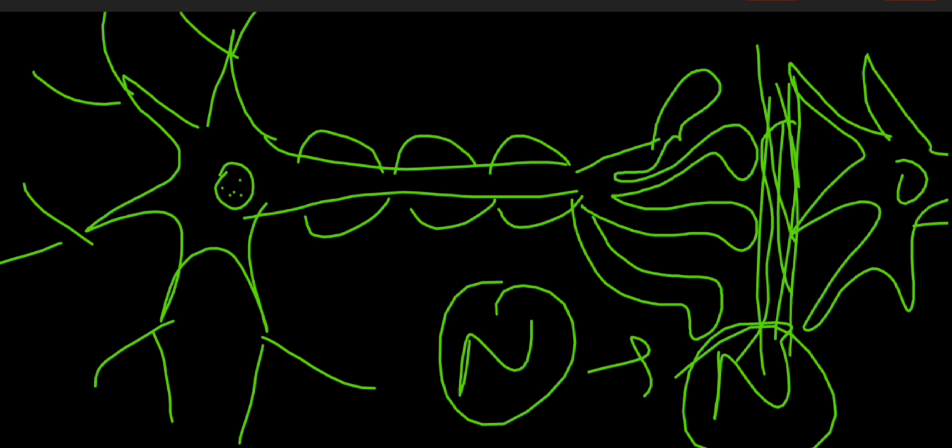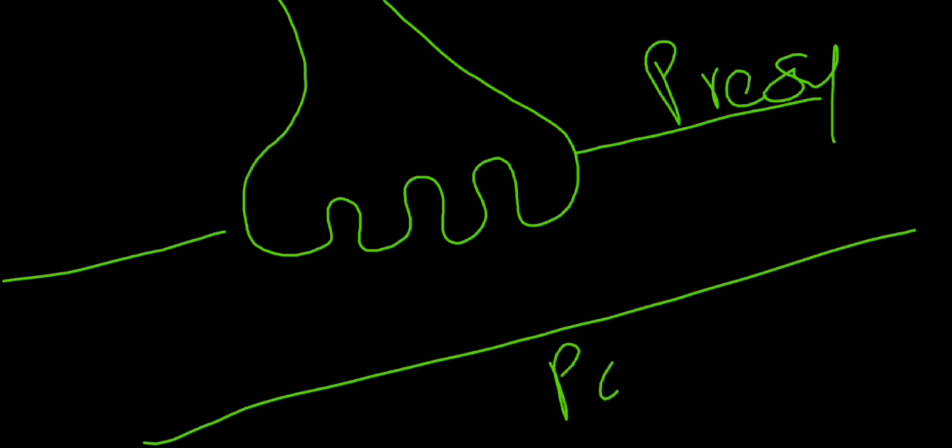Okay, so we'll see how. This is the nerve axon terminal. This is called the presynaptic membrane, and this is the postsynaptic membrane.